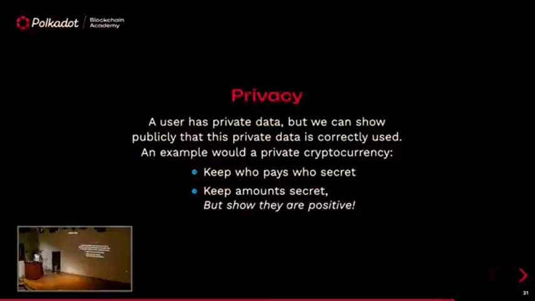We can keep who pays who secret, and we can also keep the amount secret, but show that they're still positive. This way there can't be bad transactions because the amounts are all still positive, but you keep a lot of privacy in terms of who has what amount of money, who's paying who, what's going on in this blockchain. You keep a lot of things private with these ZK snarks.